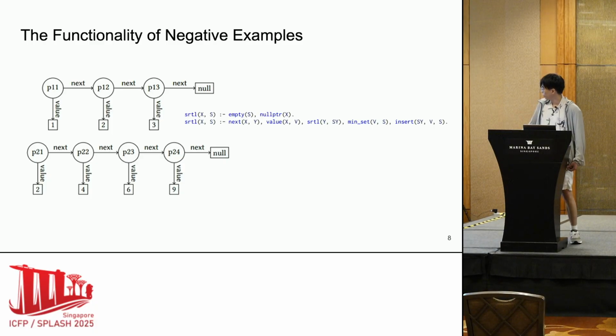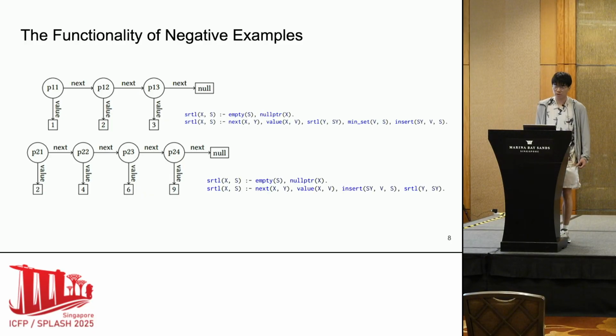Given the two positive examples on the left, what we learn from the existing ILP system is actually the version without the min set constraint, which is essentially a singly linked list. So is there anything wrong? Nothing is going wrong, because any sorted list is also a singly linked list.